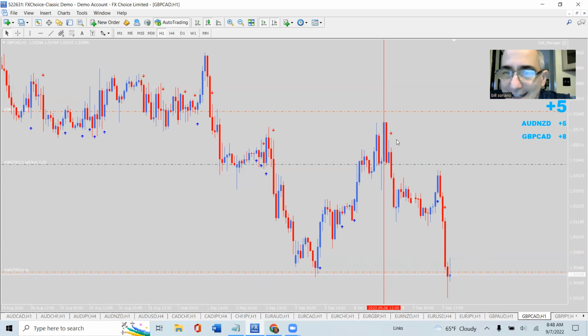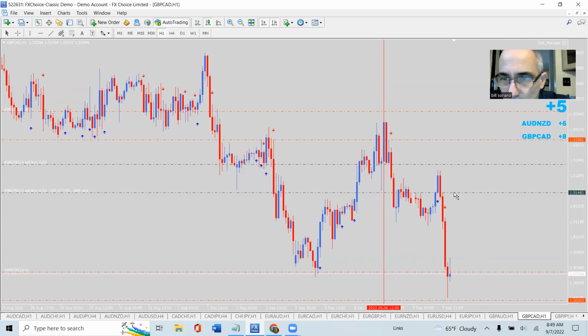So now what we have again here is we have another consolidation area here, and we have basically another signature pattern forming. So what you may want to do is you may want to put a sell limit order right here. So what I'm going to do is I have this limit order in right now from before that didn't get hit. I'm just going to pull that right down to here.